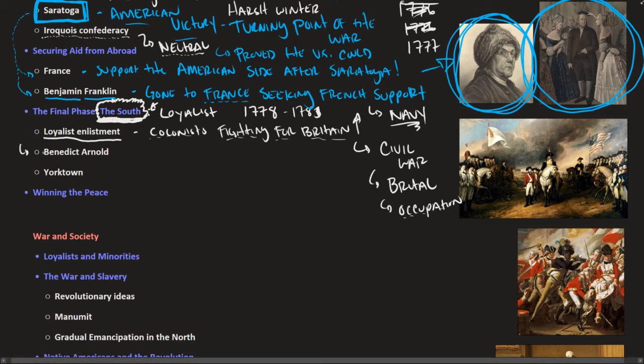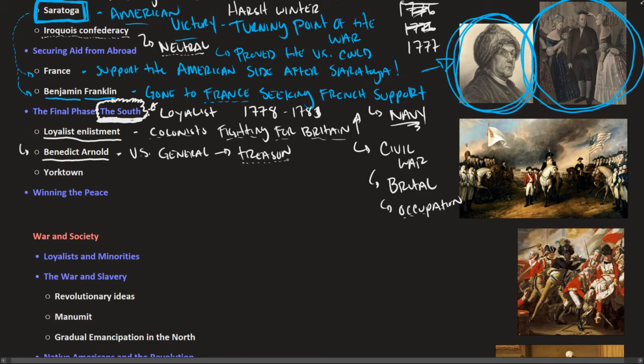The U.S. experienced a gut punch, you might say. One Benedict Arnold, a U.S., we'll just say general, I don't know his exact title, turned treasonous. He defected to the British side. In fact, he was one of the most famous and most able and most respected and well-known generals for the U.S. side.